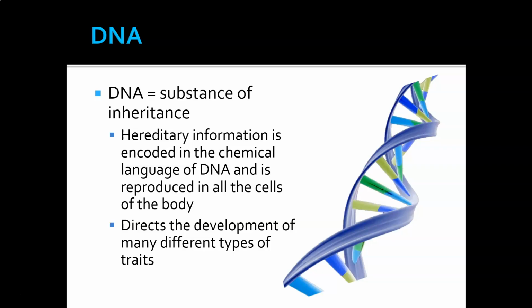So this directly implicates the development, the differences in traits we see from one cell to the next in an organism based on how the cell is expressing that information, as well as the differences that we see in different individuals in the same species, as well as the differences between species.